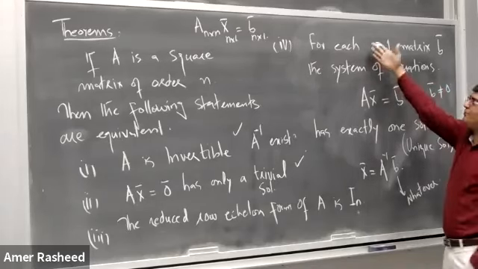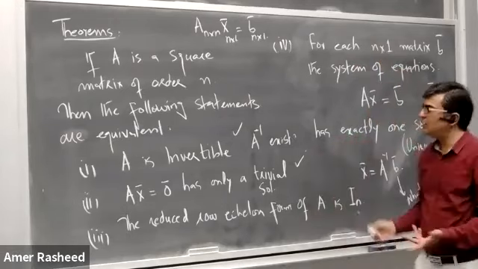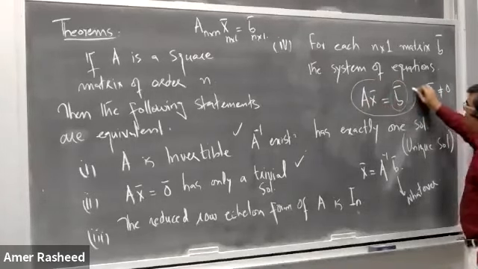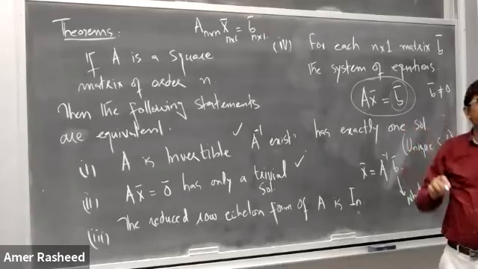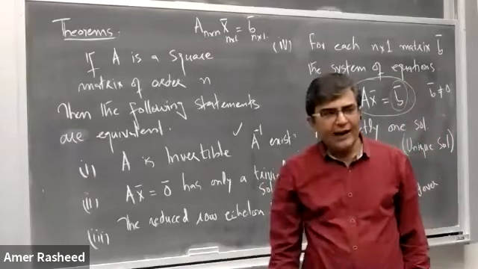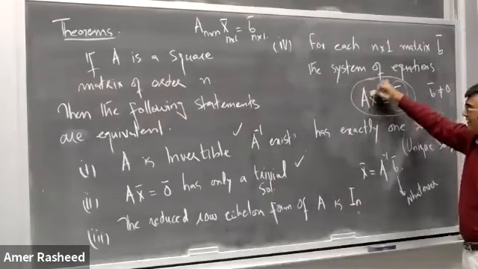Okay. Whatever the right hand side vector is, you can change the value of B as well. Whatever the value of B is, this linear system will have a unique solution if the coefficient matrix is invertible. And this is only possible when the A matrix is a square matrix.